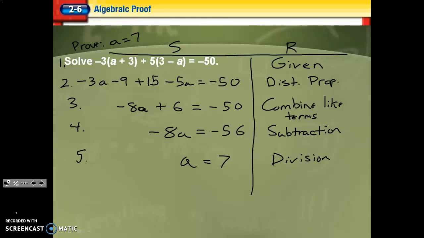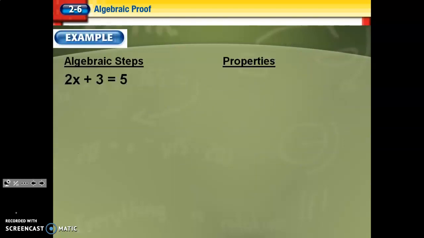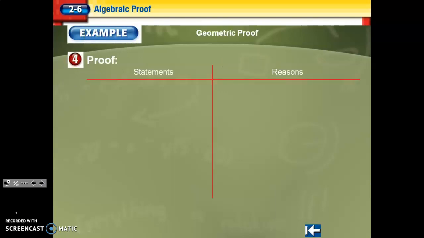Okay? Now the next ones you might have to kind of flip through your packet to see, because I kind of moved it around a little bit. I think this is the next one, but I'm going to change this, and I'm just going to move it to this one here. So 2x plus 3 equals 5. So I'm going to start with the statements and reasons here. So 2x plus 3 equals 5. So that's our given. And that's step 1. If we wanted, we could do these different colors. Hopefully my red works. So what do you want to do in step 2?